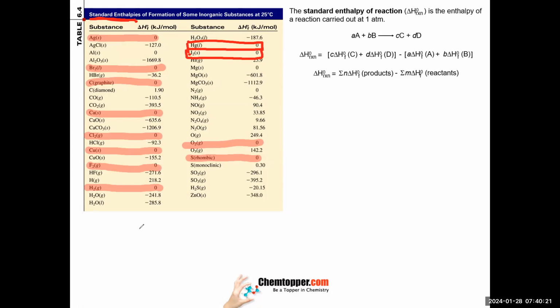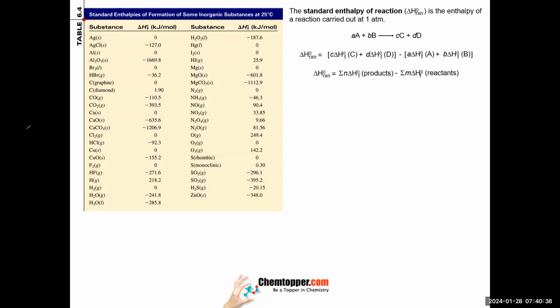Okay, good. So, ready to move to different types of questions on delta H naught formation. We are going to use these values to calculate delta H of the reaction. You already know, children, that delta H naught of the reaction, naught means standard, is the enthalpy of the products minus the enthalpy of the reactants.